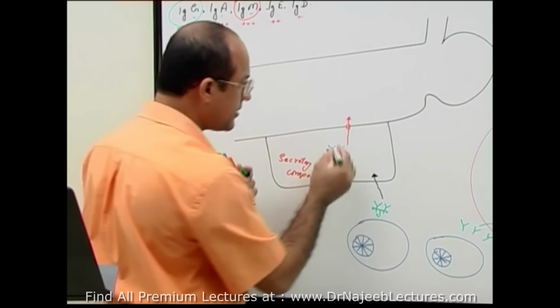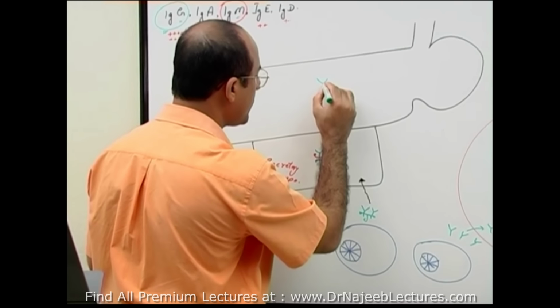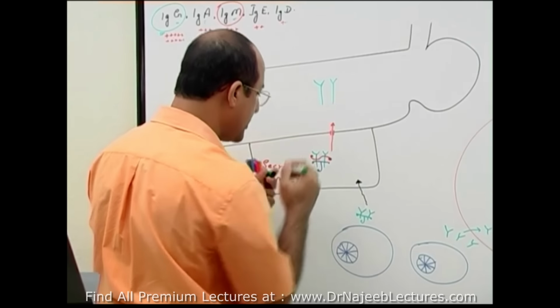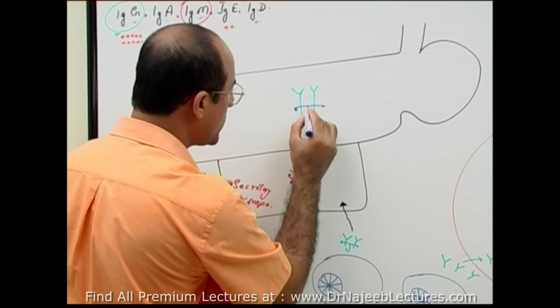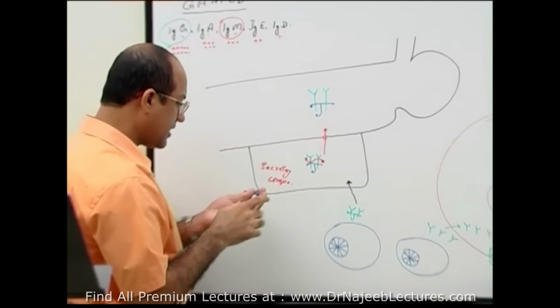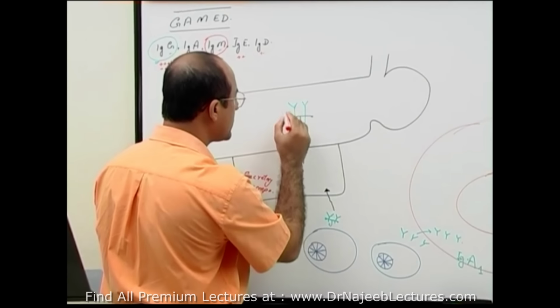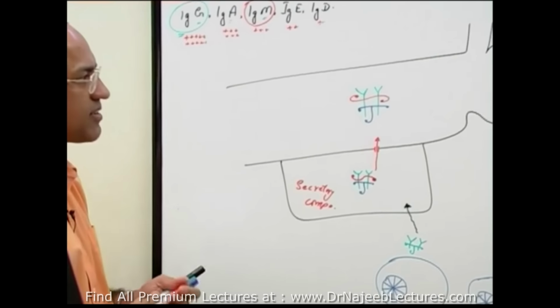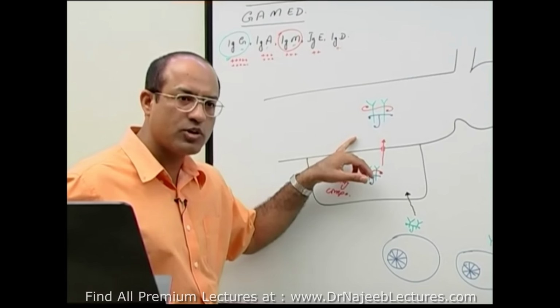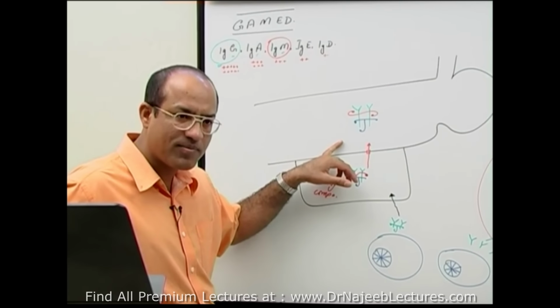So eventually this dimer of IgA, with the joining chain and one, what is this? Secretory component. The whole complex is secreted on the mucosal lining, right?